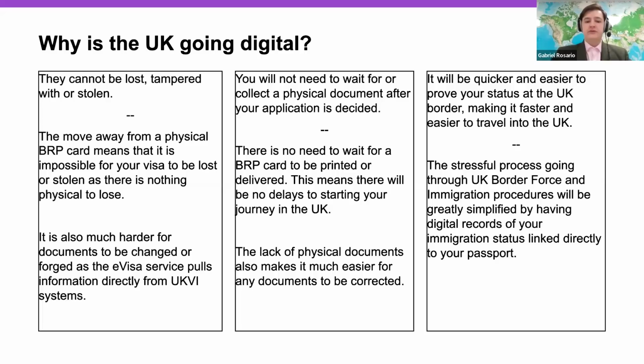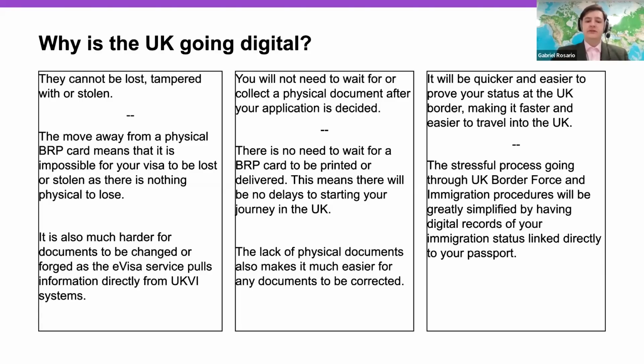The lack of physical documents also makes it much easier for your documents and your visa to be corrected if necessary. Previously, if there was an error with a BRP card, it would mean an online report had to be submitted and a new BRP card would need to be printed and delivered, which would cause delays for anyone who had a mistake on their BRP card.